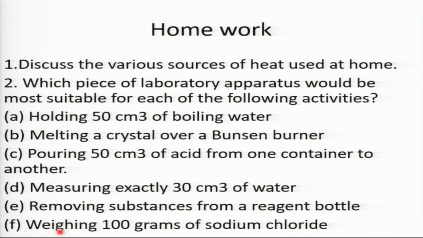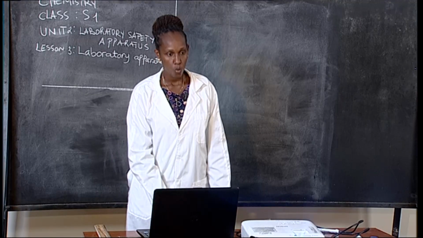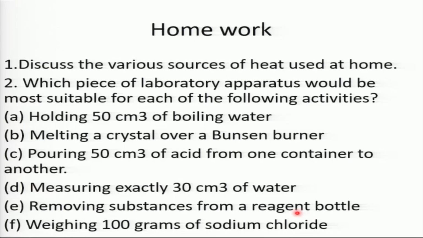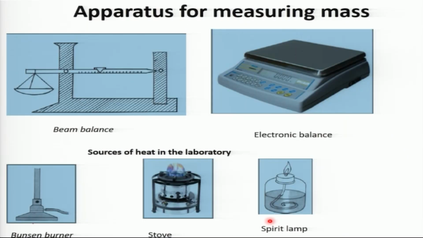The other one is removing substances from a reagent bottle. So what do you need to use? We have looked at that. And the last one is weighing 100 grams of sodium chloride. So what do you use among these? Among these we have talked about which one you use if you want to weigh.